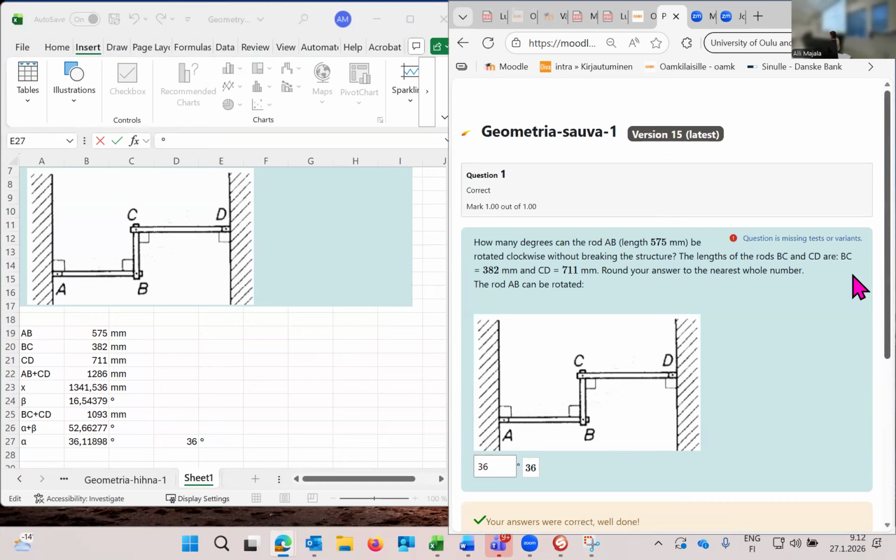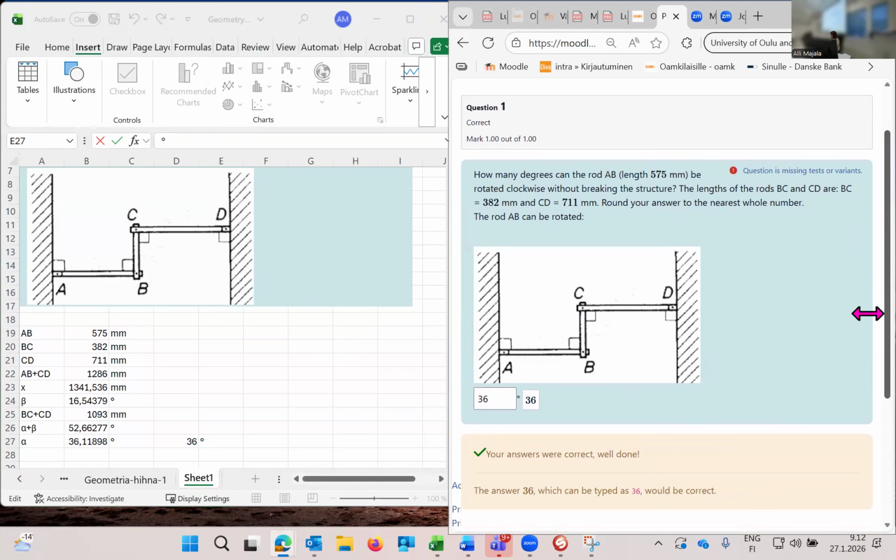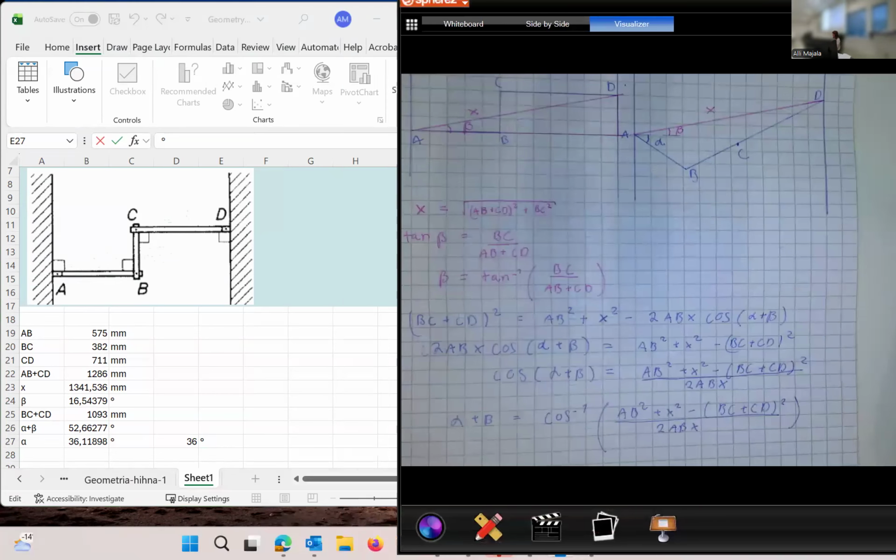But would this be nasty to calculate something like this in the exam? Longer than yes. There's quite a lot of these steps where you can easily make a mistake with just missing some bracket or something.